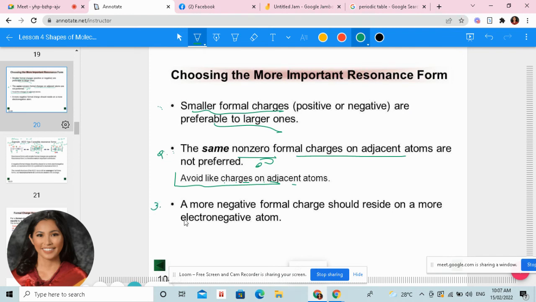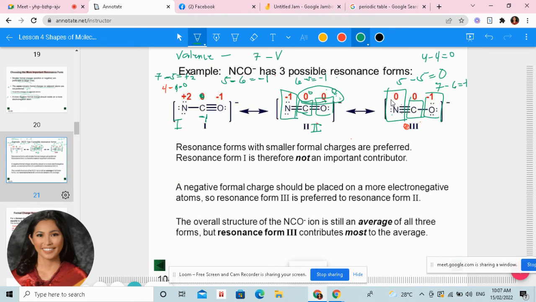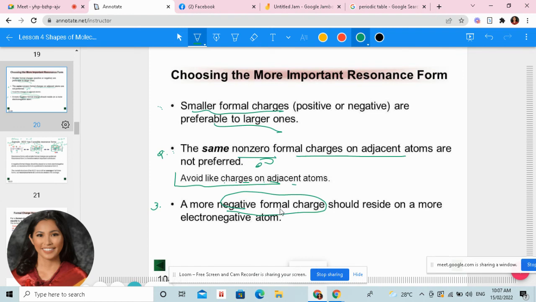Then we have statement 3. Like charges are not adjacent here, so neither of the two violates it. However, we have the third one. A more negative formal charge should reside on a more electronegative atom.